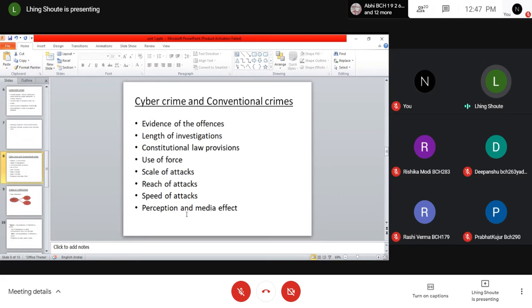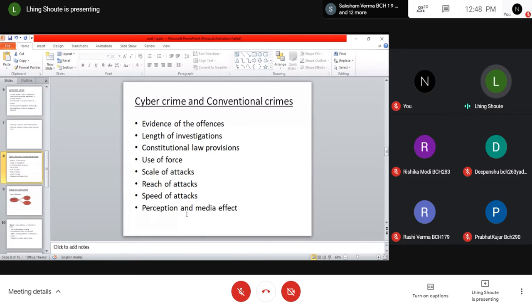Let's take an example: you can change your identity and post defamatory comments, and it's very difficult for investigators to find your identity, your location, and so on. They usually use pseudonyms. But it is very difficult for traditional criminals to fake their gender, race, age or identity. So evidence of the offense is one point of difference.